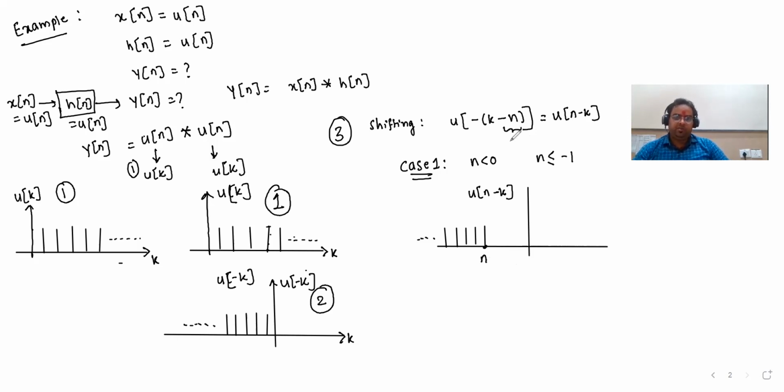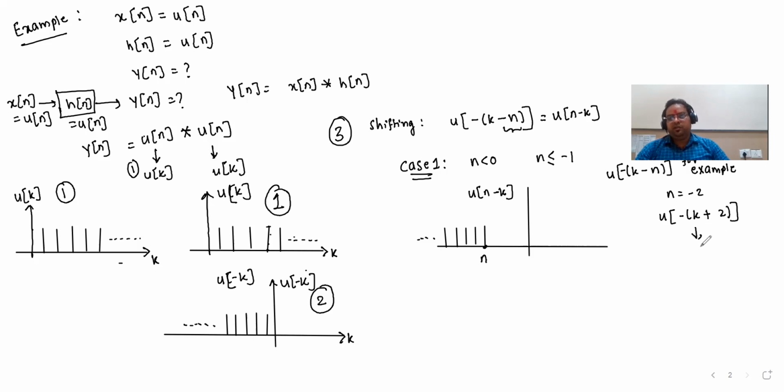Because it is getting shifted by that value, we are basically taking u of minus k minus n. So for example, let's say n is equal to -2. So this will become u of minus of k plus 2.